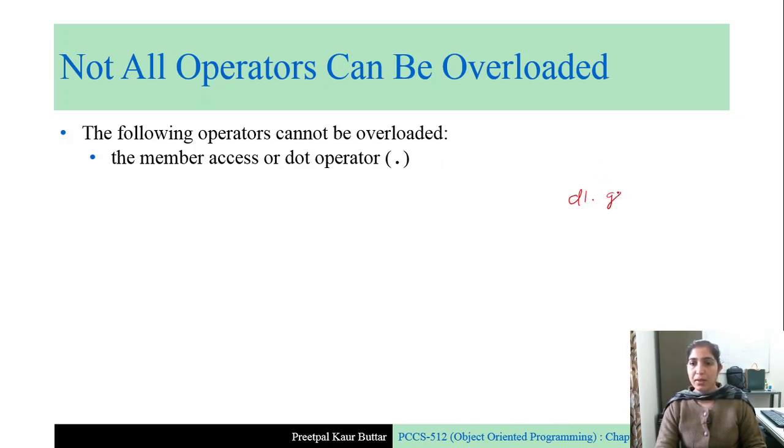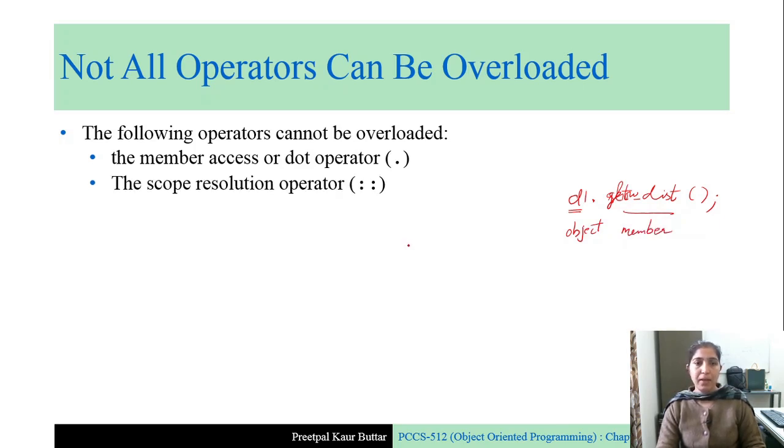For example, d1 dot show distance or something like that. If there is a function called show distance, then we will call this show distance function through this member access operator. And what is d1? This is the name of the object, and this is the name of the member of the class.